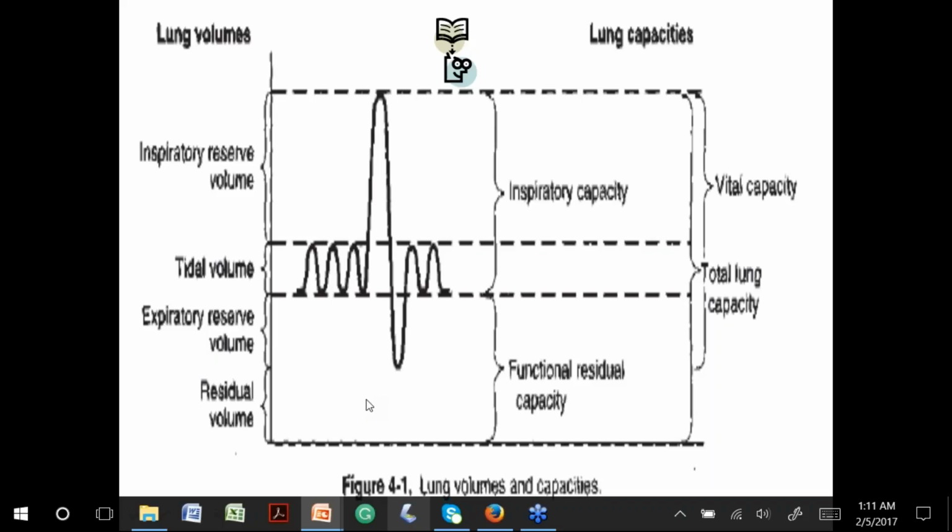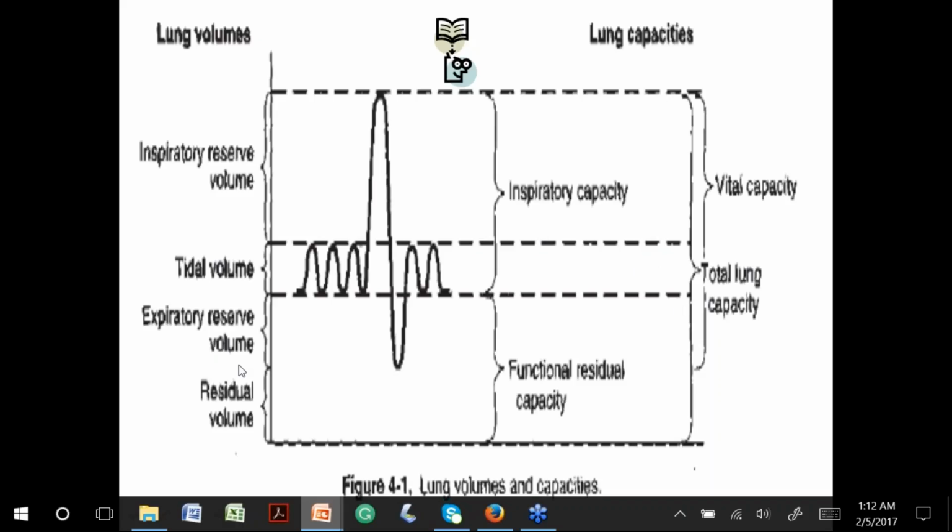It is used for patients who have some respiratory problems. With some exercises, you can make the expiratory reserve volume go down, so you can use more of the residual volume, and that is going to increase your total vital capacity.